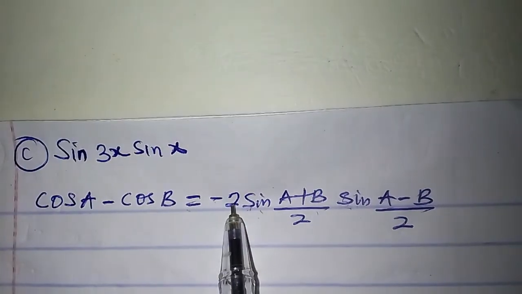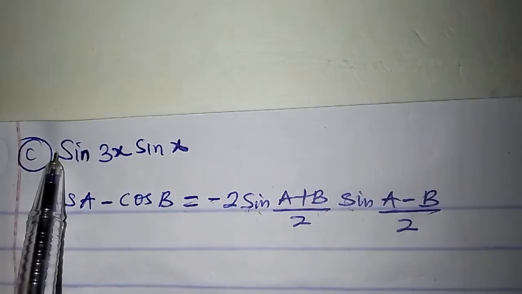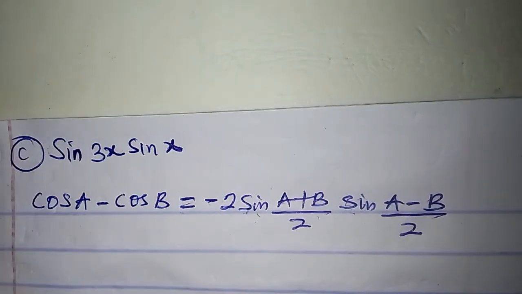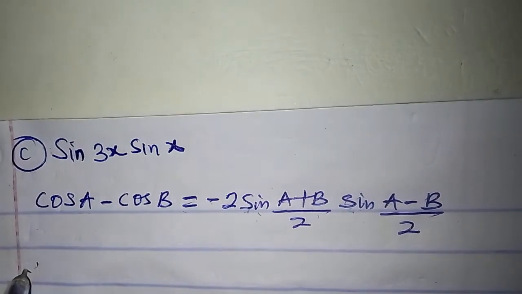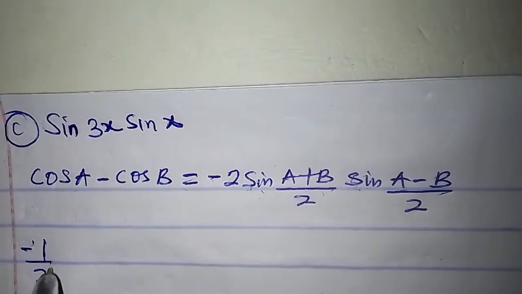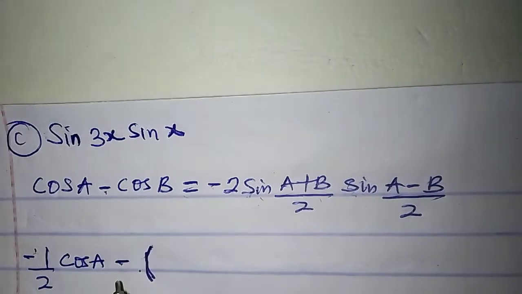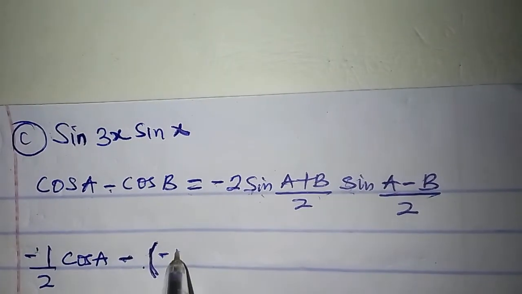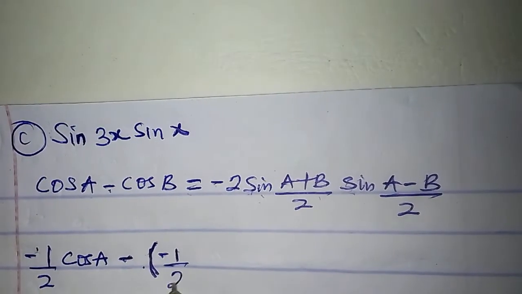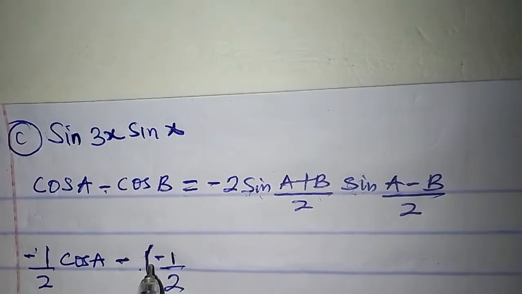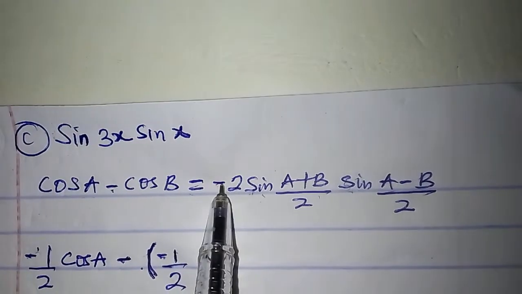Let's eliminate this minus 2 since the coefficient of this is 1. We'll be having minus 1 over 2 cos A minus 1 all over 2. This minus here is the minus you can see here.